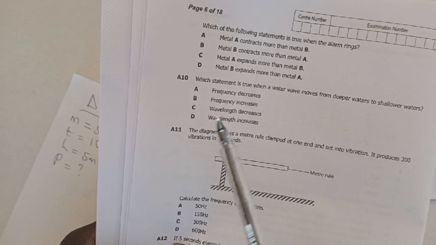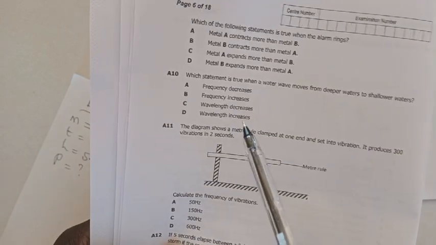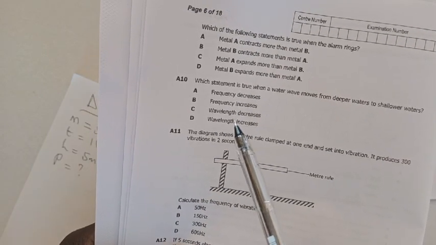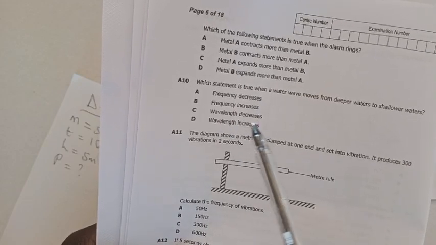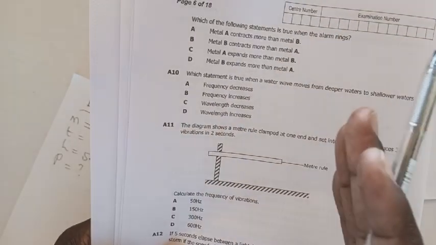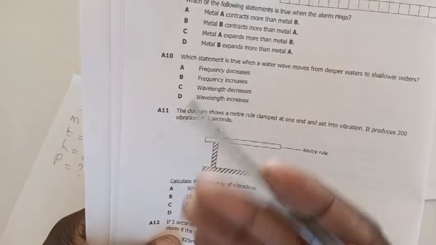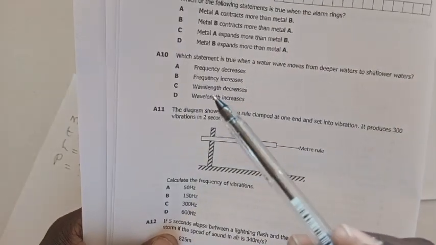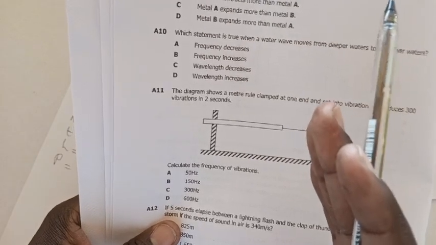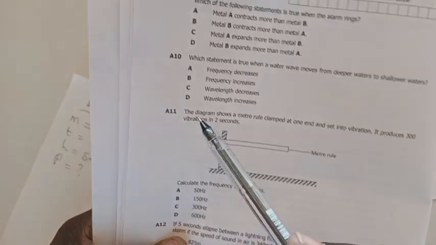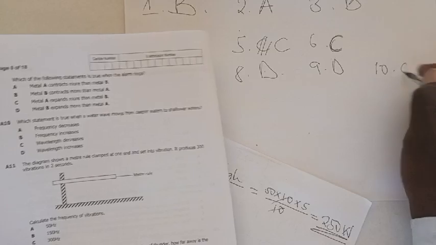As the water moves from deeper to shallow levels, the wavelength decreases. By decreasing, we mean that the distance from one crest to another decreases, meaning that it moves a bit slower, making a decrease in wavelength. So the answer is C for question 10.